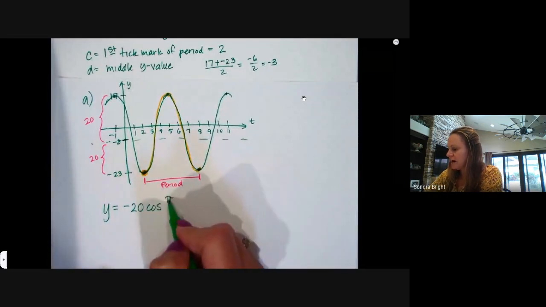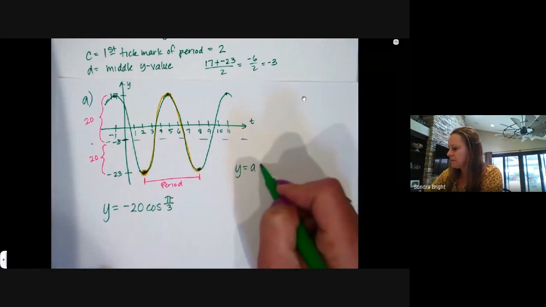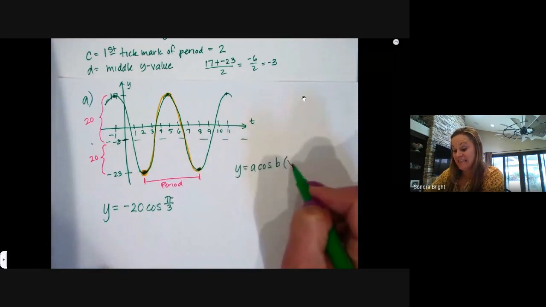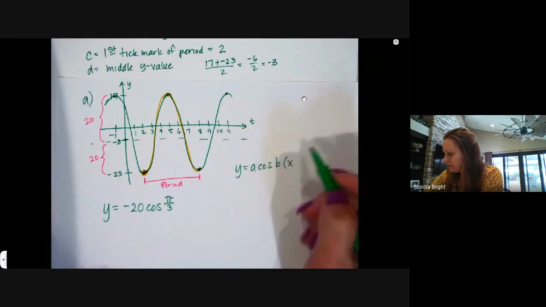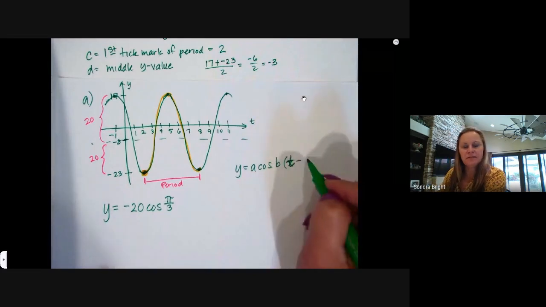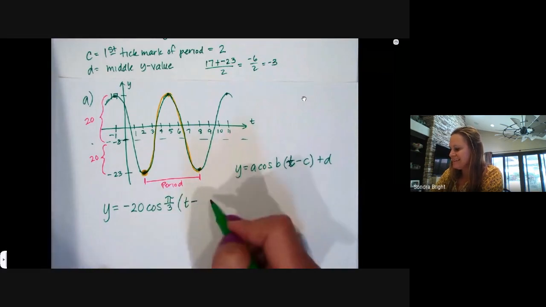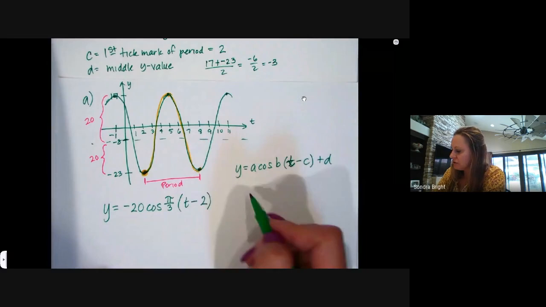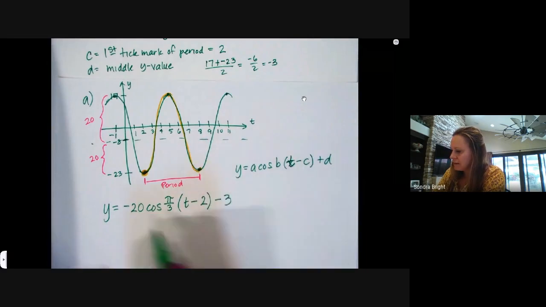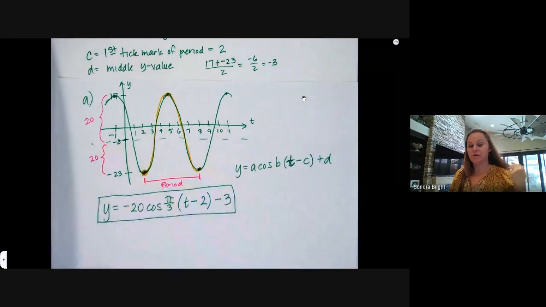We're going to write it as A times cosine of B times, we're going to use T because they gave us time and they told us T, so T minus C and then plus D. So we got B is pi over 3, T minus C was 2, plus D, which was negative 3. There's the equation. That's the particular equation expressing Tarzan's distance from the riverbank in terms of T.